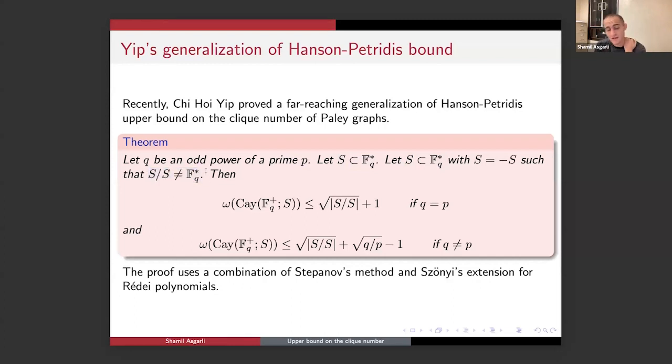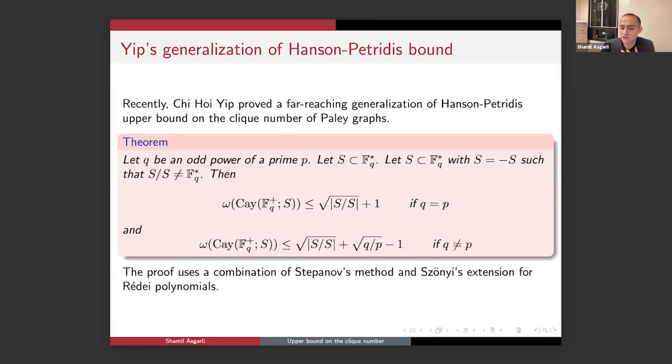Then what Chi Hoi showed is that the clique number of the Cayley graph on the connection set S is at most the square root of the size of S divided by S, plus 1, if q is equal to p. So if the size of the field is equal to the size of the prime subfield.